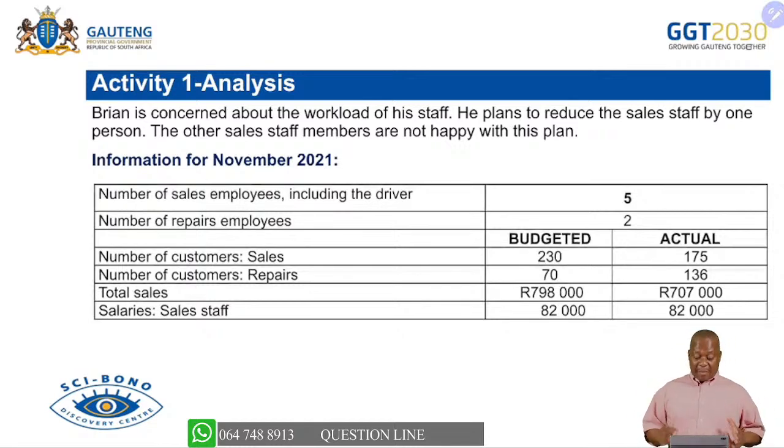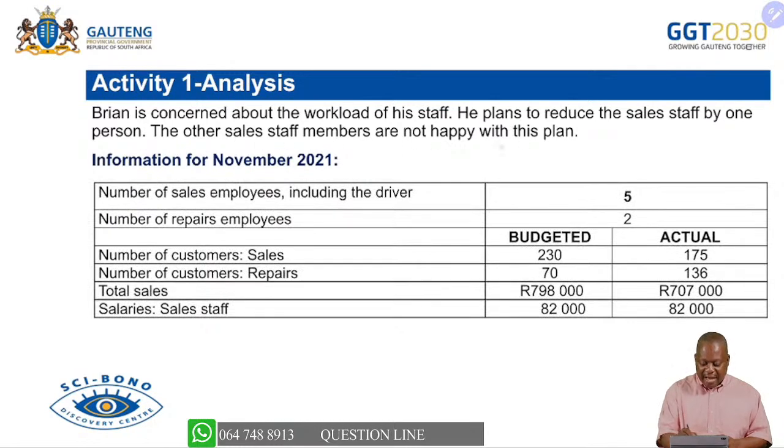What does that mean? It means 1 repair technician or employee is going to end up serving nearly 70 customers, nearly double what they should have been serving. The other sales staff members are not happy with the plan. Okay, so the repair employees, I think they should be the ones not happy here.